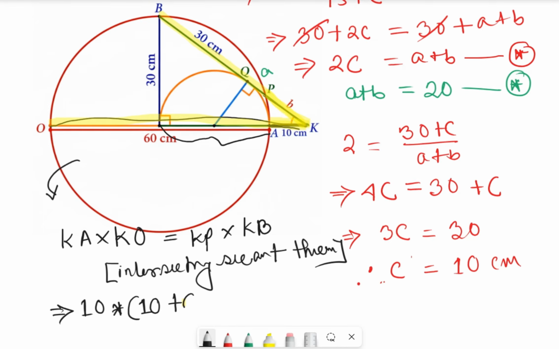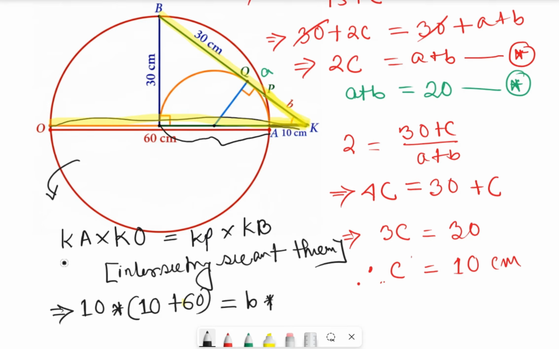So 10 times 60 is equal to KP, which is B, times KB.